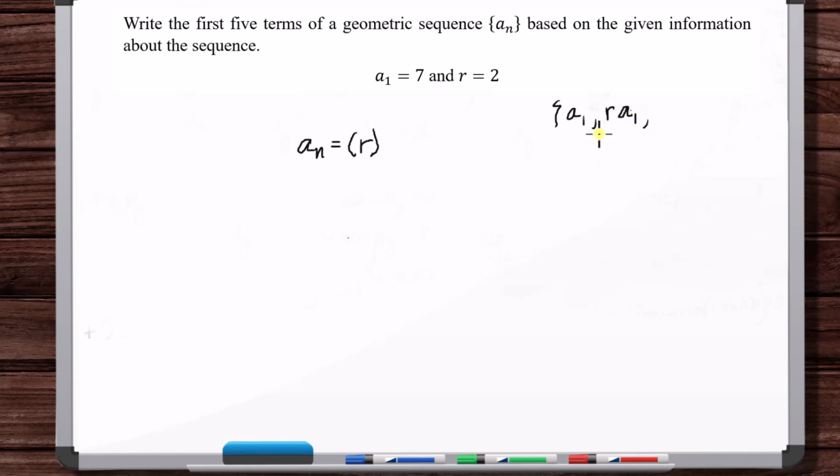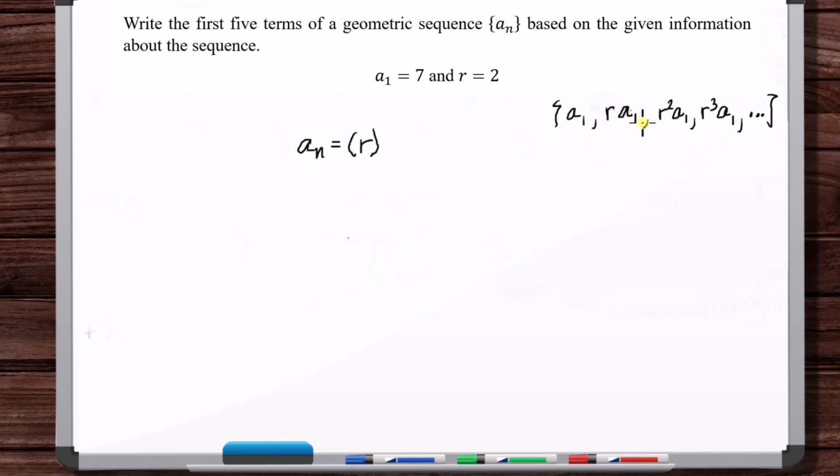Then the next term you're multiplying r times this term, so you get r squared times a1, and then r cubed times a1. If you divide r squared a1 by r a1, you get r. R cubed a1 divided by r squared a1, you get r. So this is the general form of a geometric sequence.